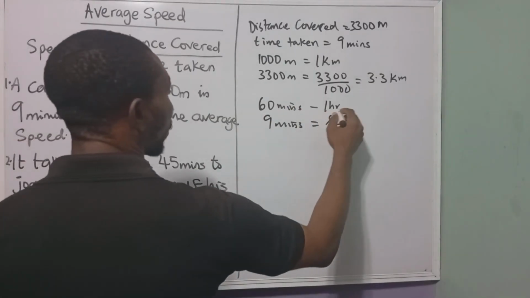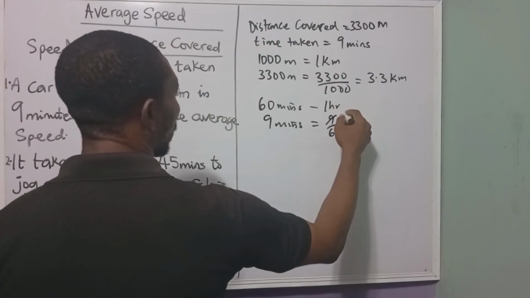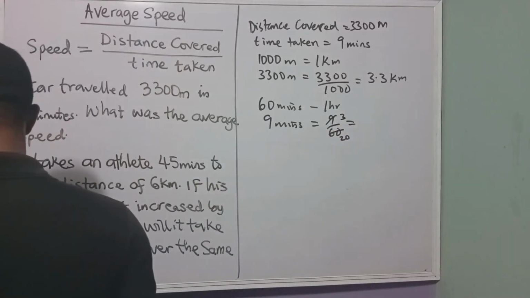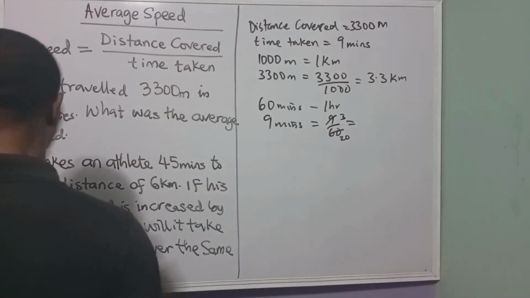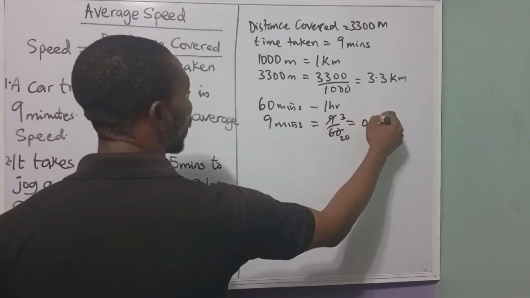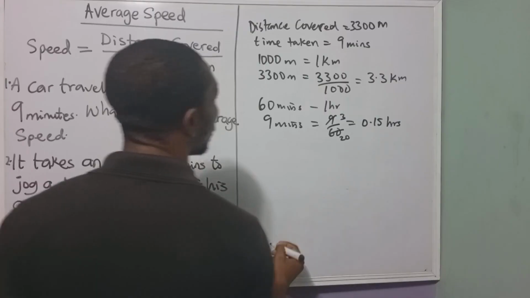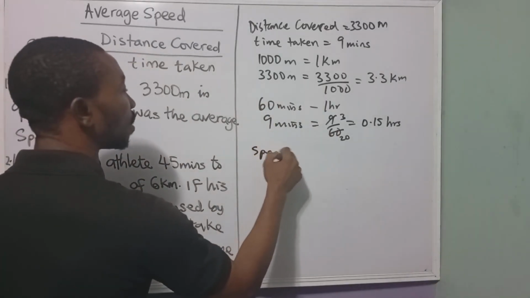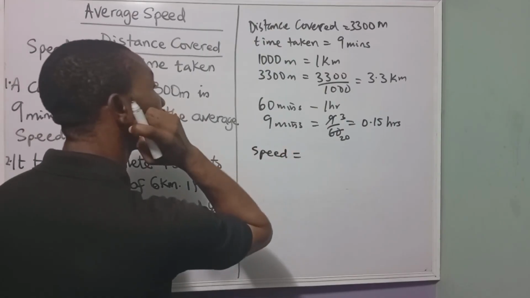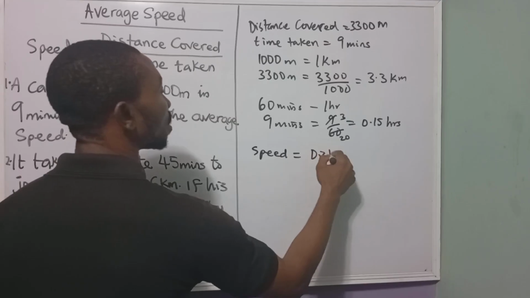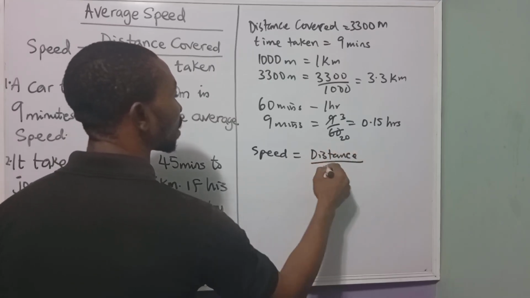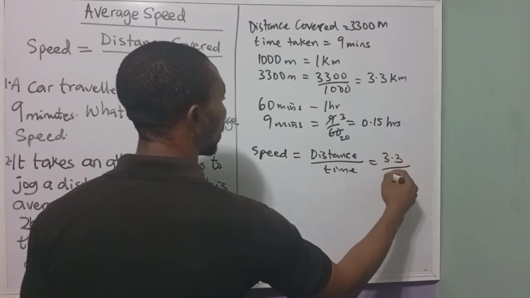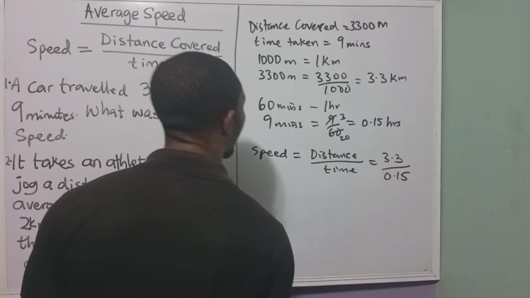breaking this down, we have 3 here, 3 here, 20. Okay, so this gives us 0.15 hours. So now, inputting our formula of speed equals distance over time, we have it as 3.3 divided by 0.15.